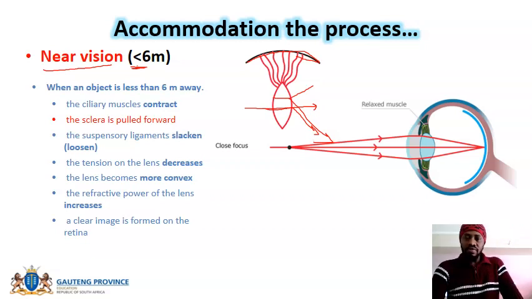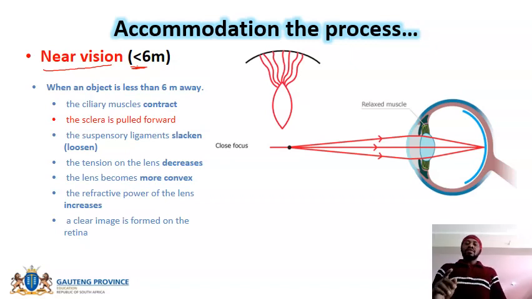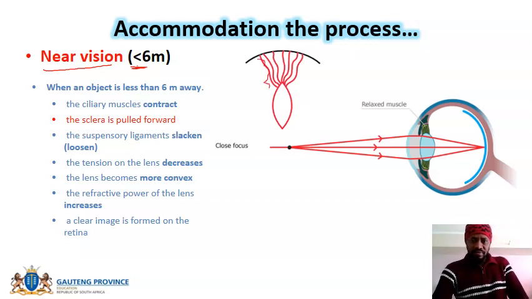Again, we already remember from the previous slide how we can achieve a convex lens. The players are simply the suspensory ligaments and the ciliary muscles. But sometimes it gets a little bit tricky, because if I should ask you, in this case here, we see the suspensory ligaments are slack.